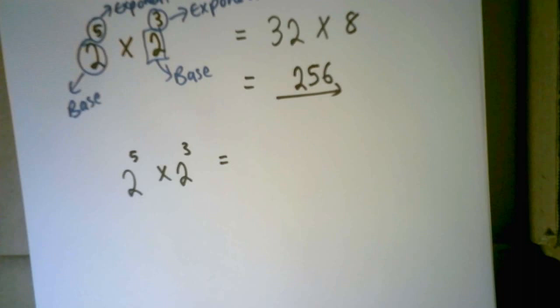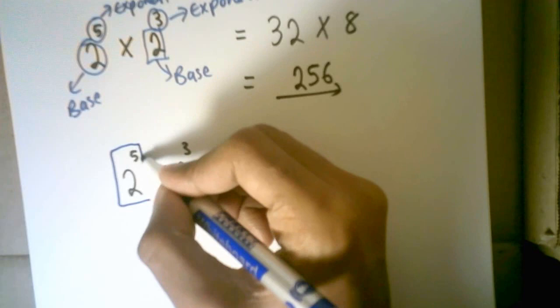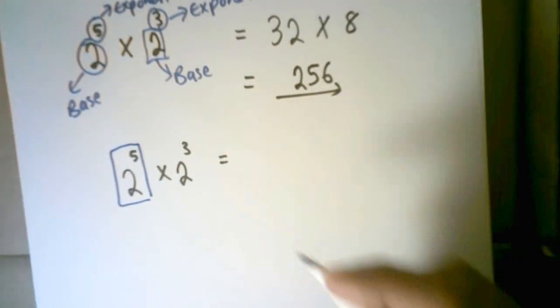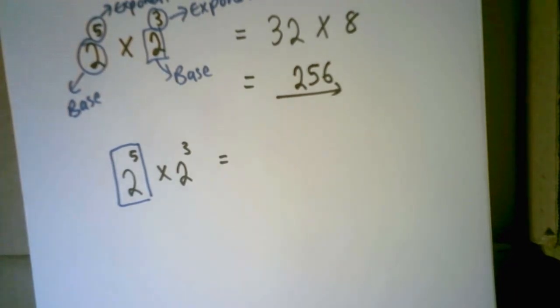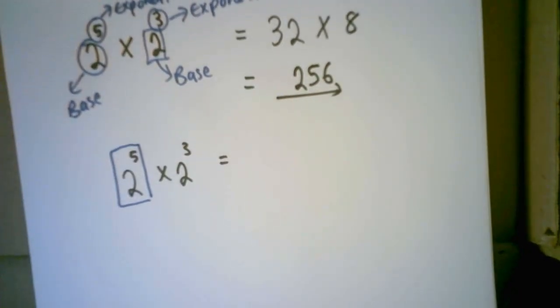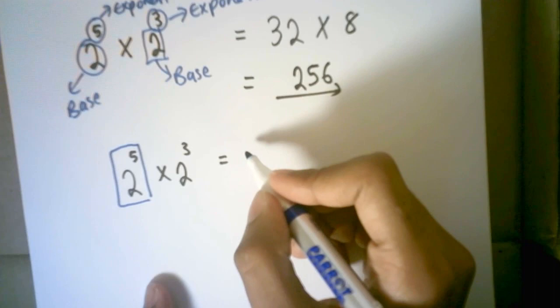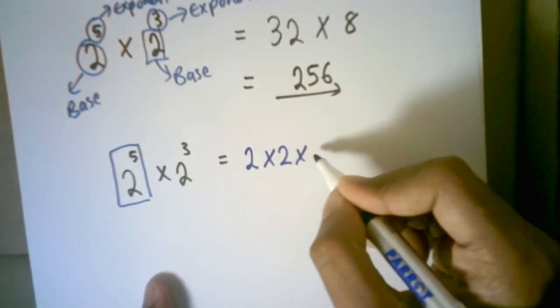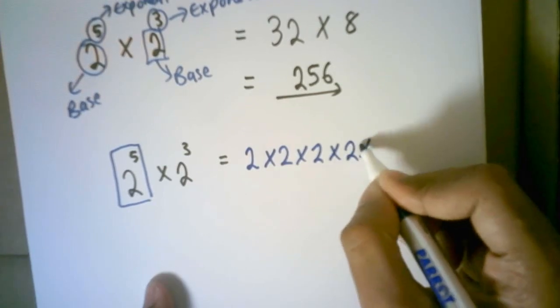So I'm going to use different colors to actually show you this. Let's use blue and purple. I have 2 raised to the power of 5, so let's expand that out. I know that 2 raised to the power of 5 is 2 times 2 times 2 times 2 times 2.